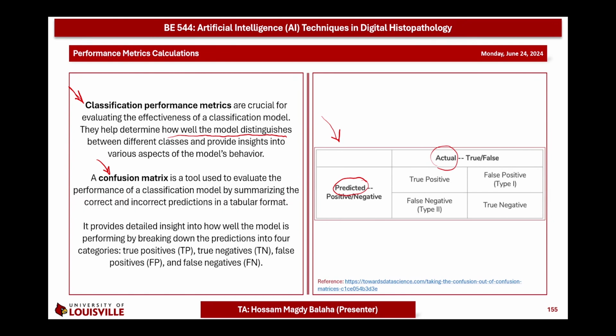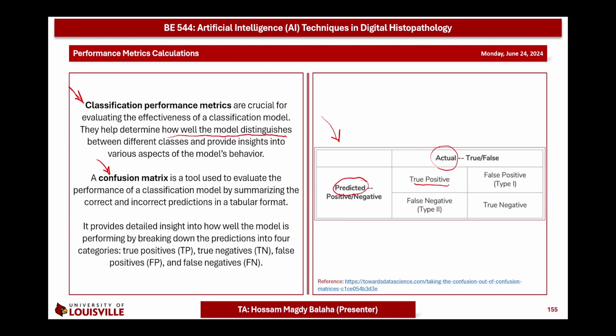So, what is the meaning of each component and how to build each component in the confusion matrix accurately? When you see a true positive, this reflects the cases where the model's prediction matches the actual positive class.